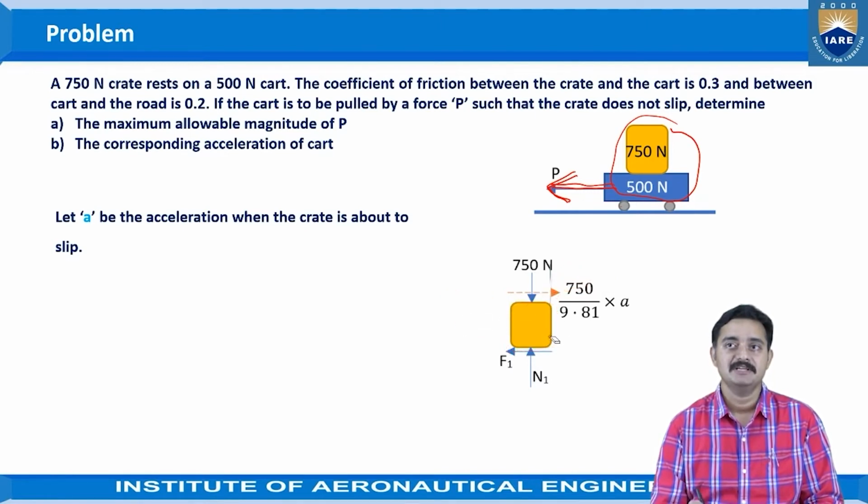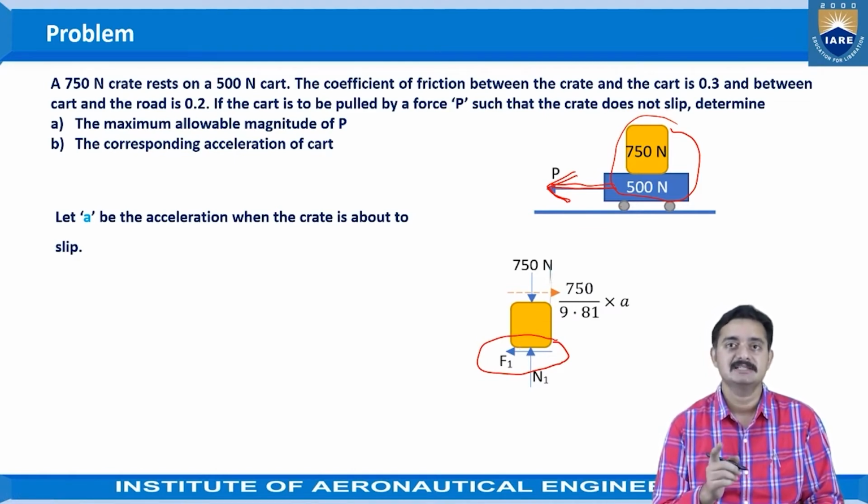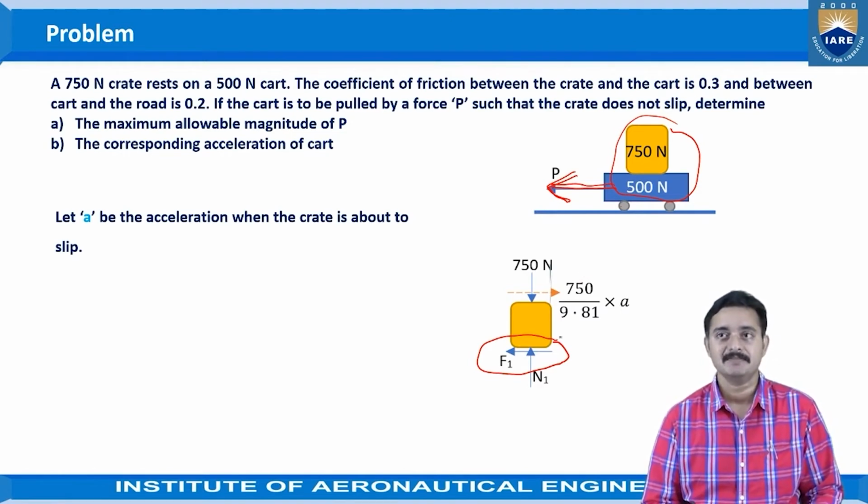Now coming to the application of friction. Here the case is different. Friction should always be considered in the direction opposite to the movement of the object. The movement of the object is happening in the right hand side direction. Why?